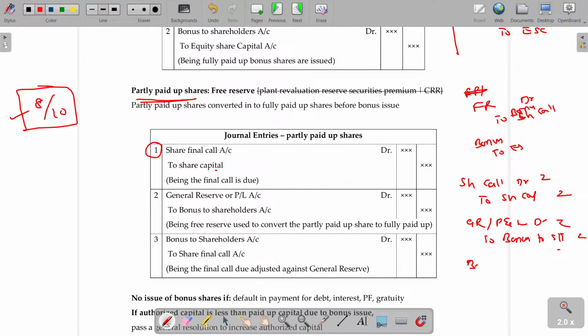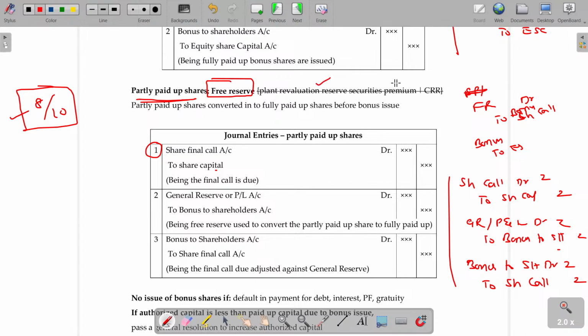So, bonus to shareholders account debit to share call account, the value being 2 rupees. Is that okay? These are the 3 entries passed: call due entry 1, bonus due entry, and bonus adjusting for the call money. But here, you can use only the free resource. What are the resources that cannot be used?